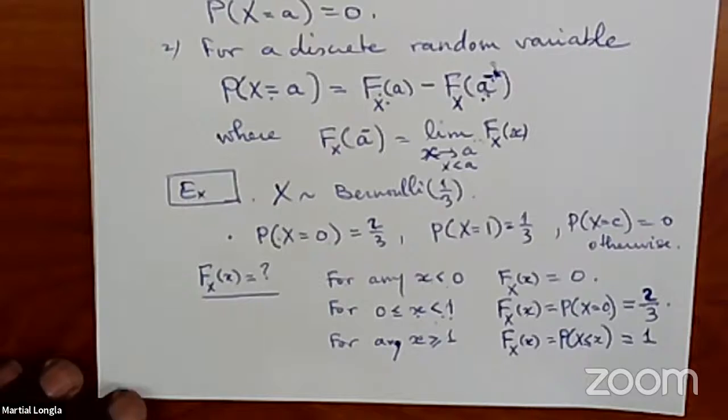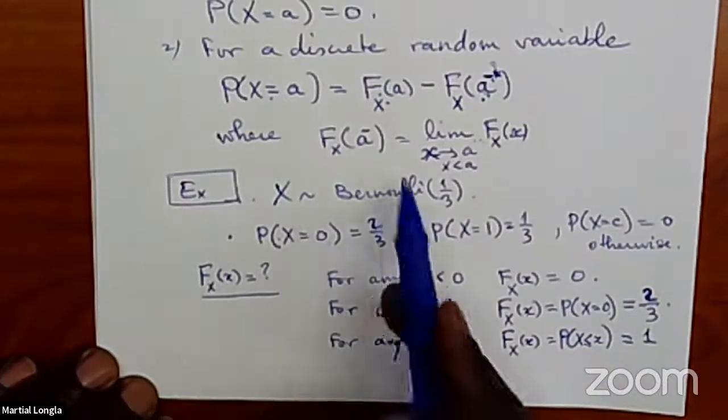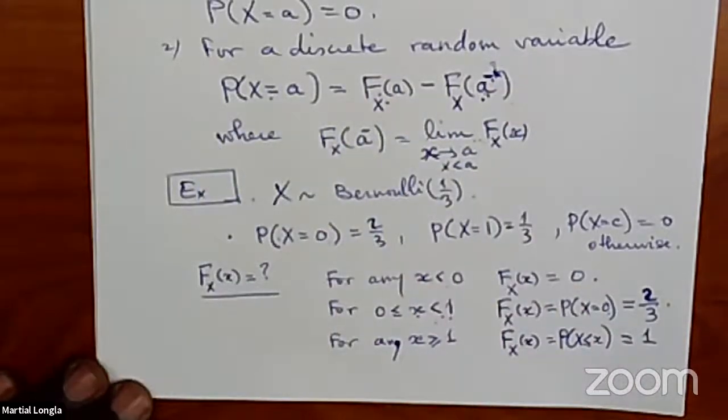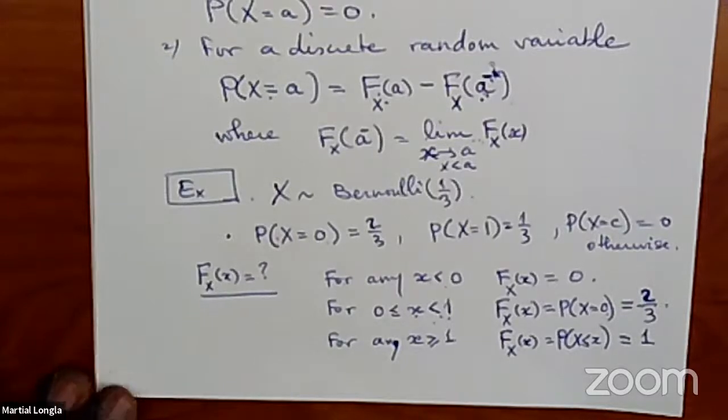Now, knowing this, what this formula says is that in some problems, they might just give you the CDF, and they ask you for the probability of some points where you have some jumps in the graph of the CDF.